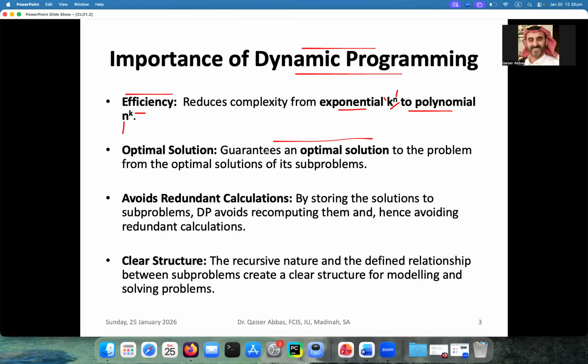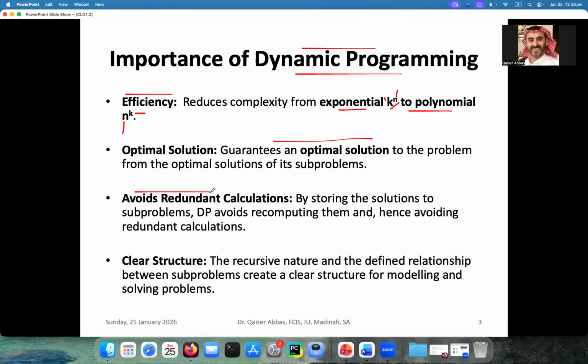Even when you have divided your problem into subproblems, it gives you optimal solutions for those subproblems, and then you combine all those optimal solutions to get the optimal solution for the main problem.